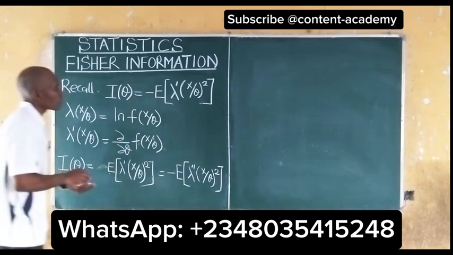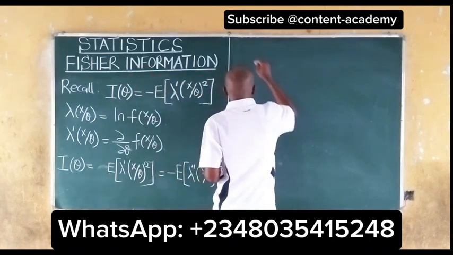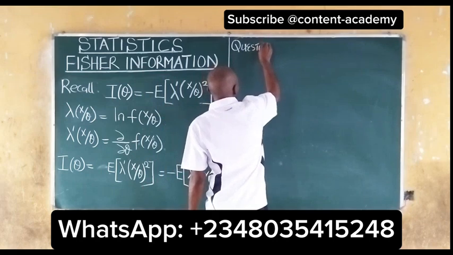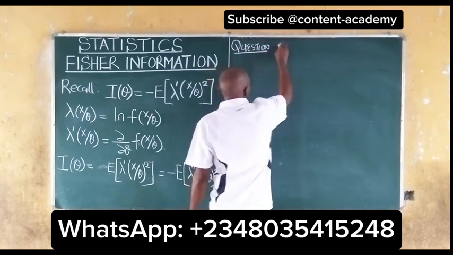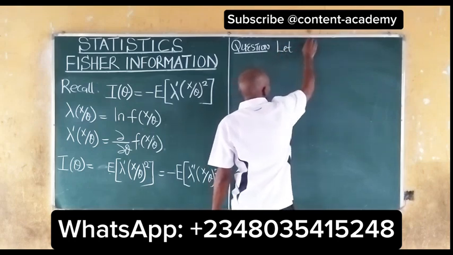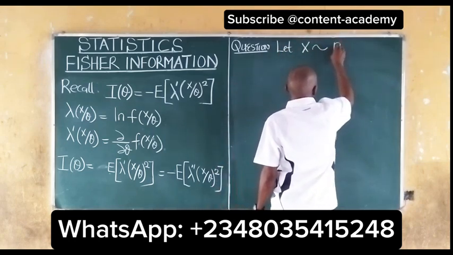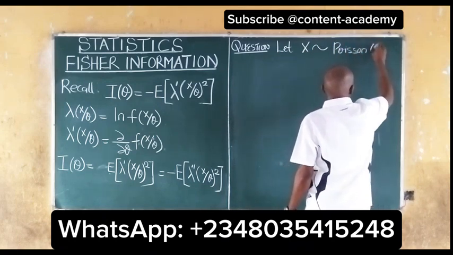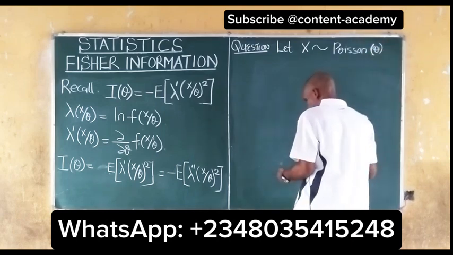So we'll still take another question. This time, we take another question. We say let x follow a Poisson distribution, a Poisson random variable of theta.